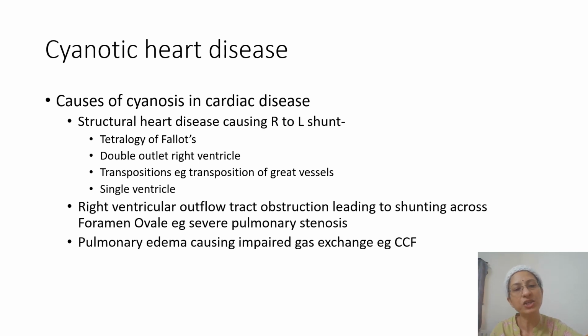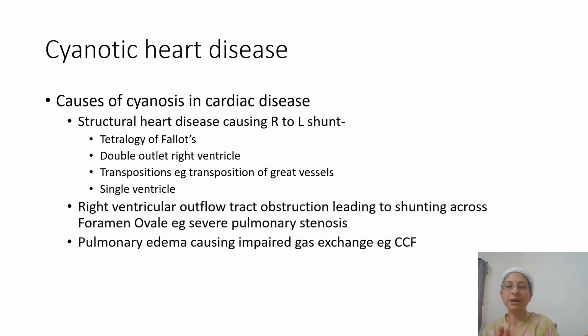The third situation is when any type of structural heart disease causes congestive cardiac failure, such as a ventricular septal defect, which in the first place is not a cyanotic heart disease, but it's an acyanotic disease, or a disease which is not associated with cyanosis. However, when it results in congestive cardiac failure, there is pulmonary edema.